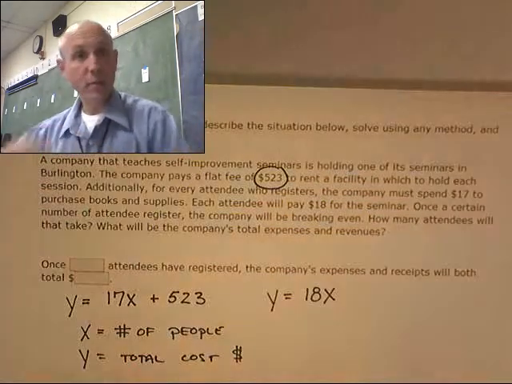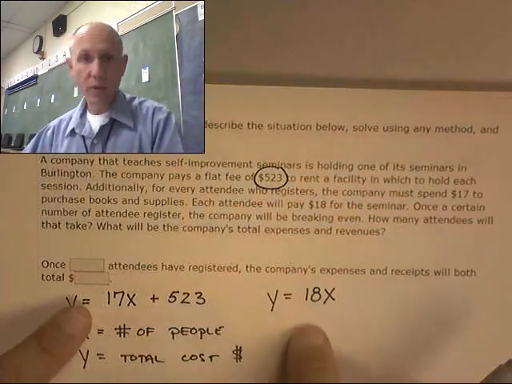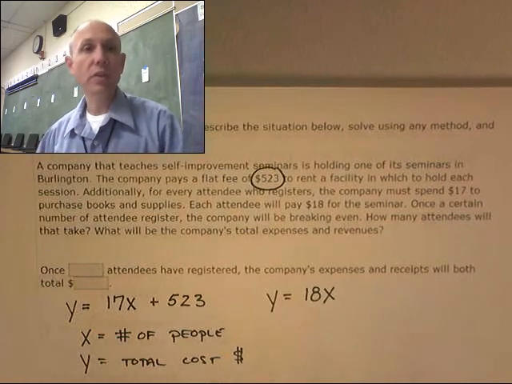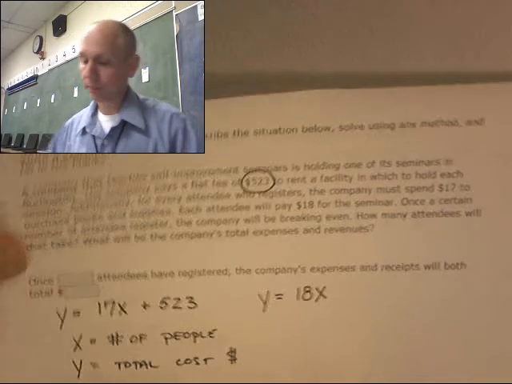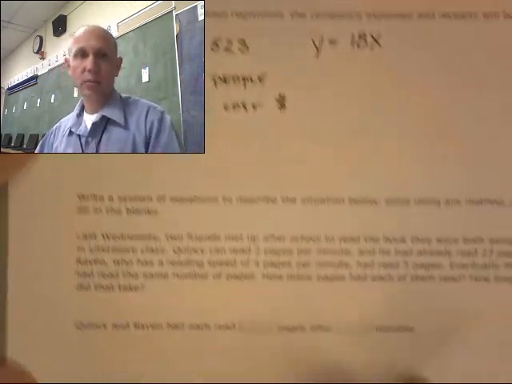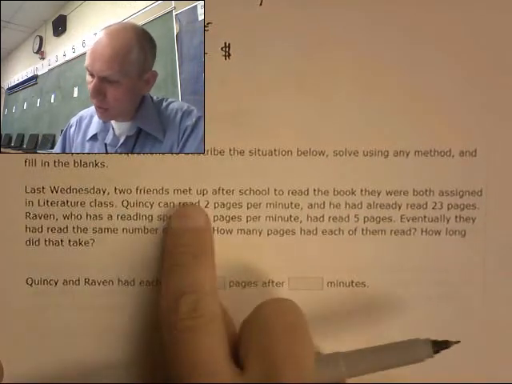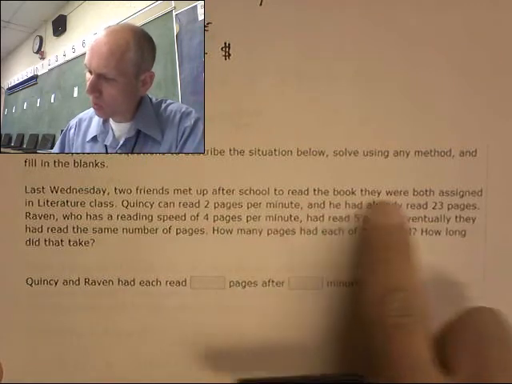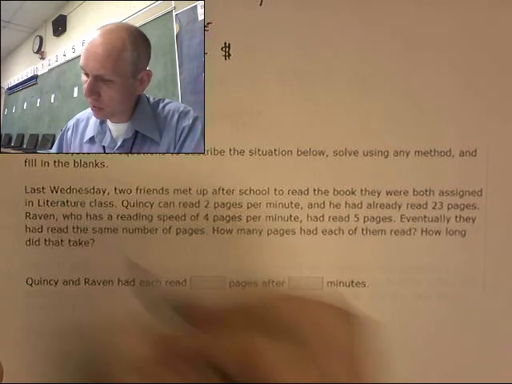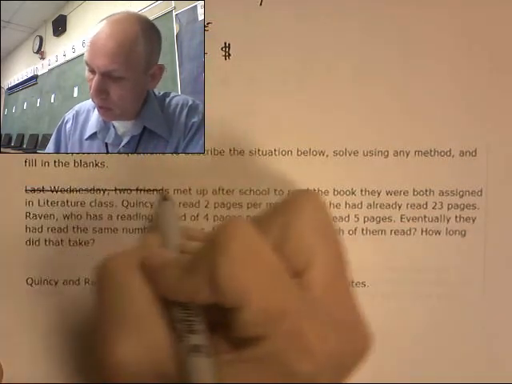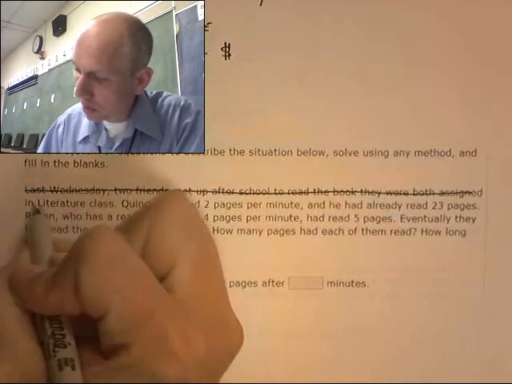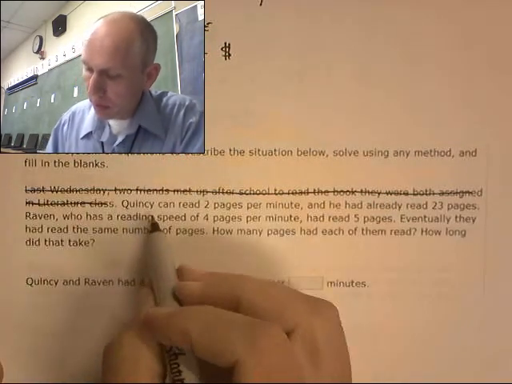So there it is. We're sucking the information out of the problem, building equations, and then using those equations to solve a system. Here's our last one. Last Wednesday, two friends met up after school to read the book they were both assigned to in literature class. That whole sentence doesn't matter at all, right? Wednesday, two friends, books, I don't care. Here we go.